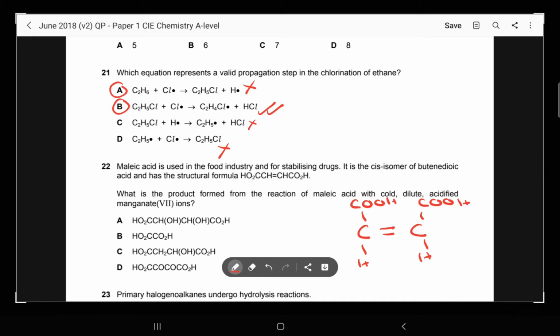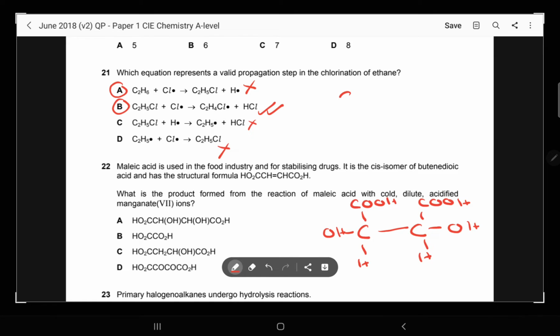What is the product from the reaction of malic acid with cold dilute acidified manganate 7 ions? When a double bond reacts with potassium permanganate or any oxidizing agent for that matter, the double bond is going to break, and we are going to get 2 alcohols attached to it. So double bond breaks, OH attaches to one side, OH attaches to the other side.